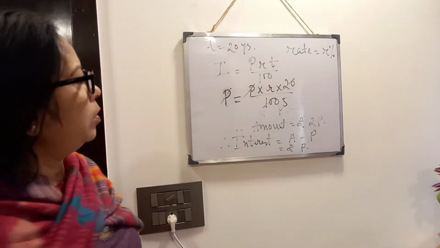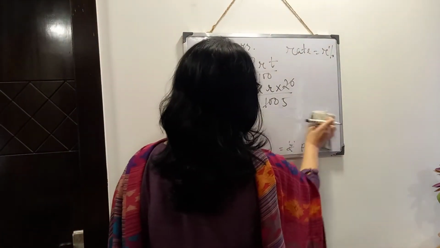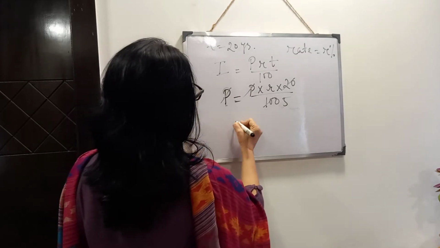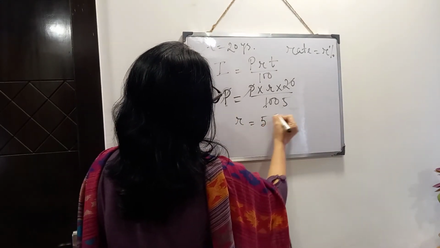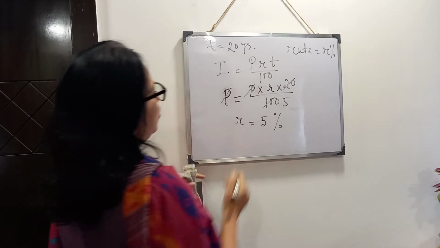So from here, what we are getting? We are getting rate R, we are getting 5%. Clear?